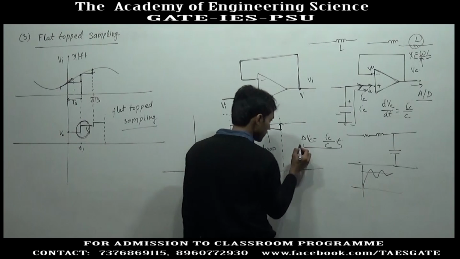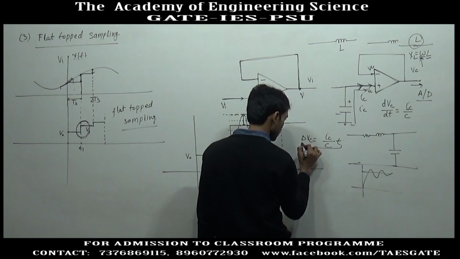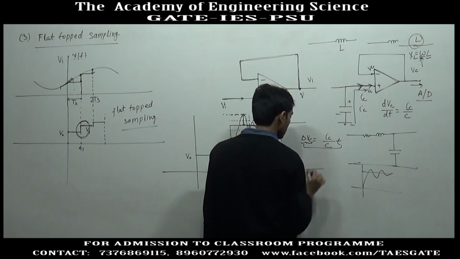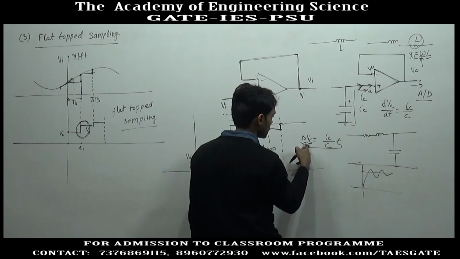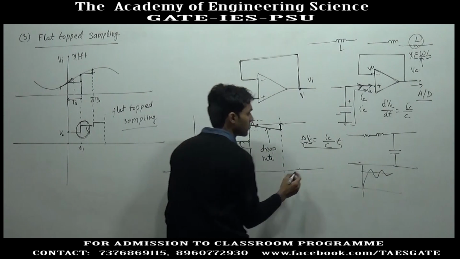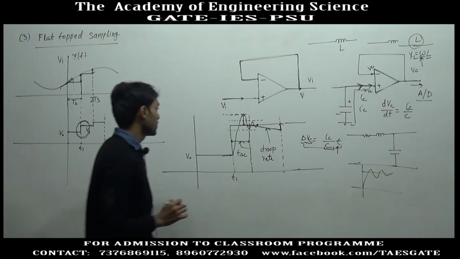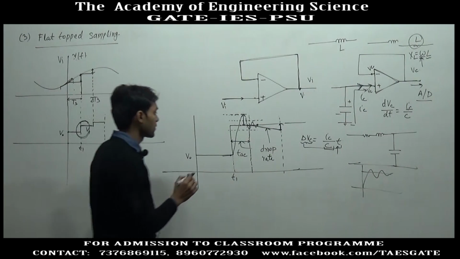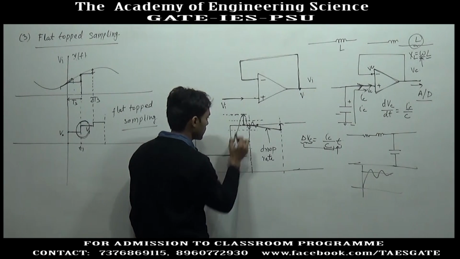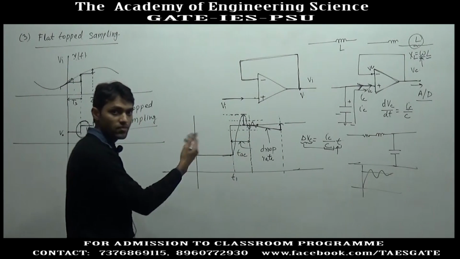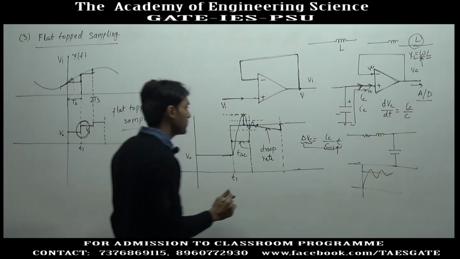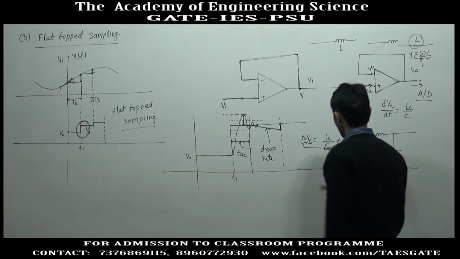Now, if you want to reduce the variation in capacitor voltage, the value of capacitor should be high, but if the value of capacitor is high, the change in capacitor voltage from V1 to V2 will be slow. So, there is a trade off in the value of capacitor.